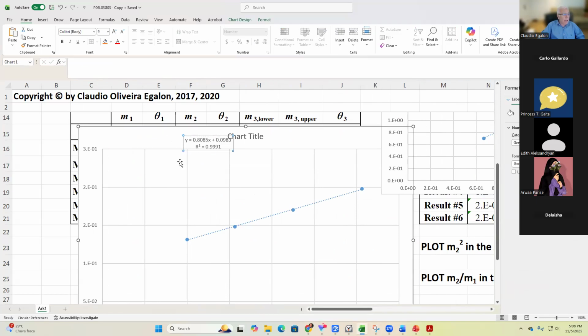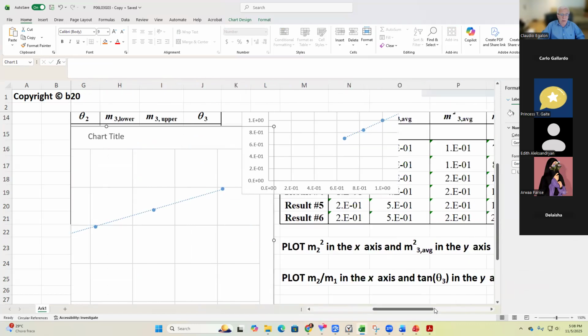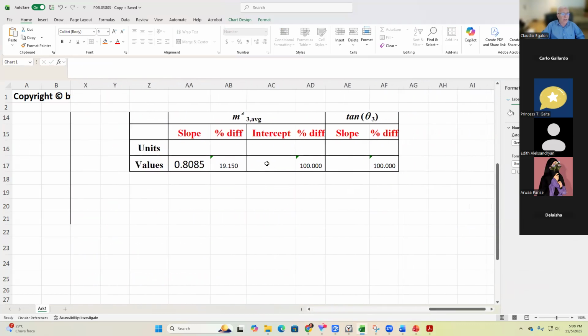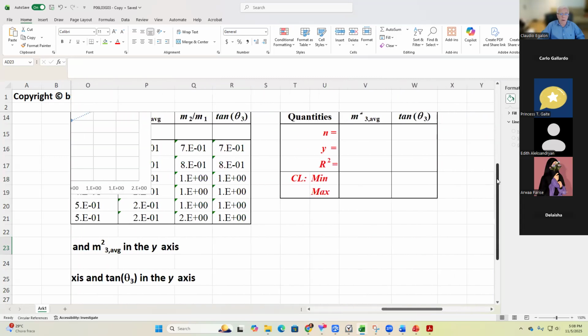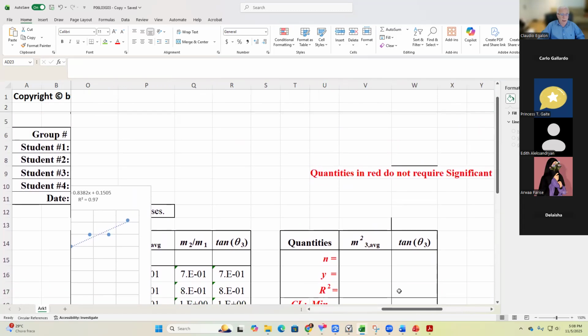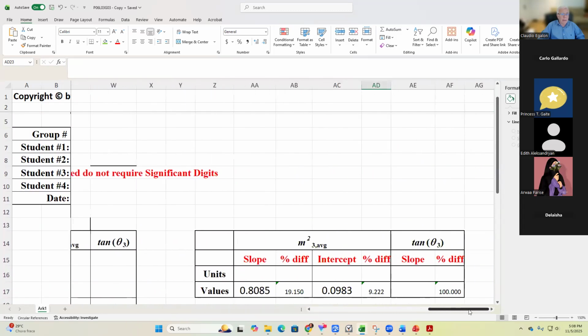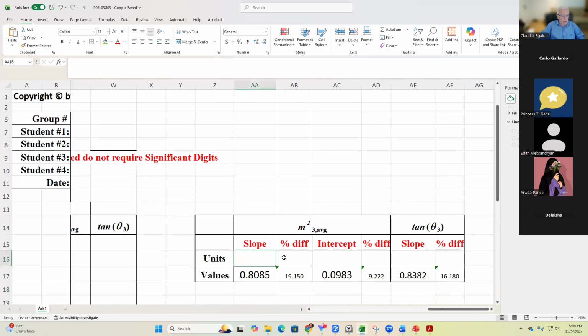The intercept that I'm getting is 0.0983. Okay? And it's pretty good. It's less than 10%. And then I'm going to do the tangent as well, right? The second graph is this one here, 0.8382. Don't forget to log the units here at the top.